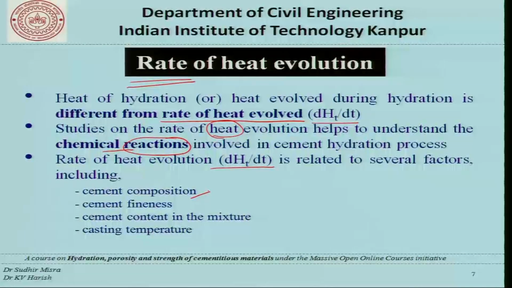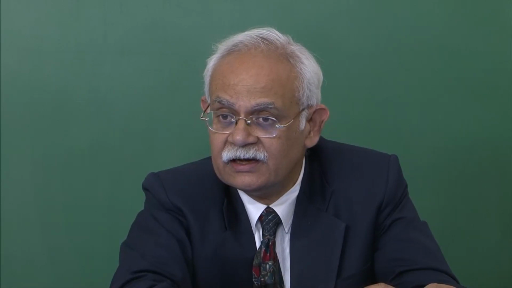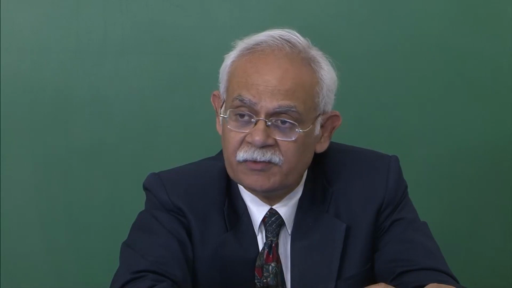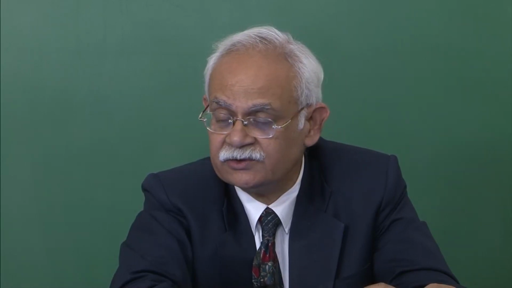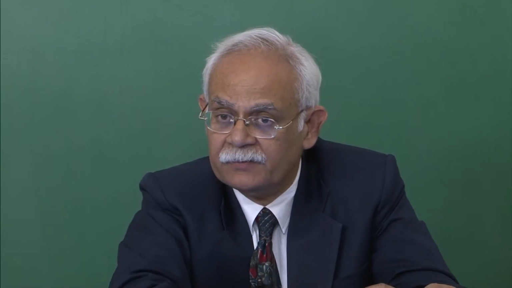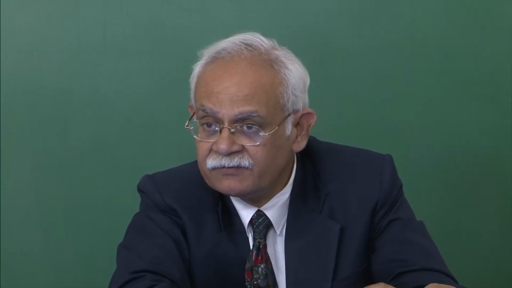It depends on the cement fineness, because if the fineness increases, the surface area available for hydration increases, and therefore more of all these chemical components, whether it is C2S or C3S or C3A, are reacting at the same time. So, higher the fineness of cement, higher is the rate of heat evolution.